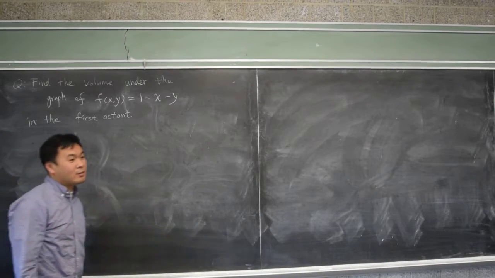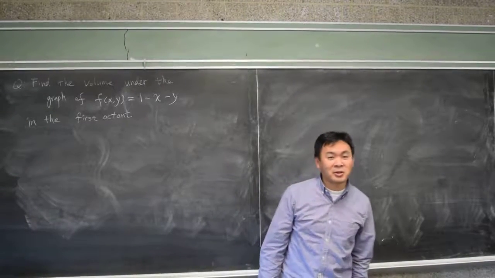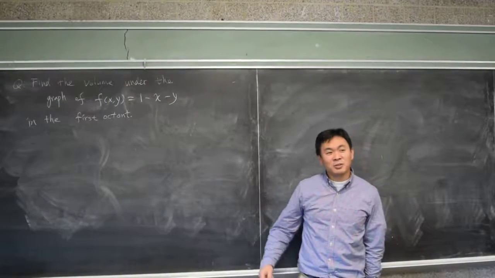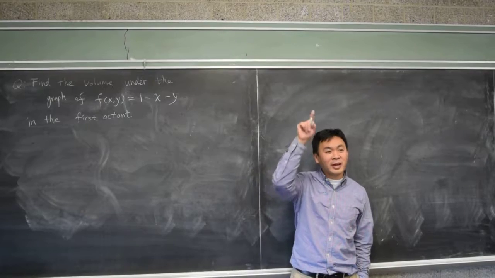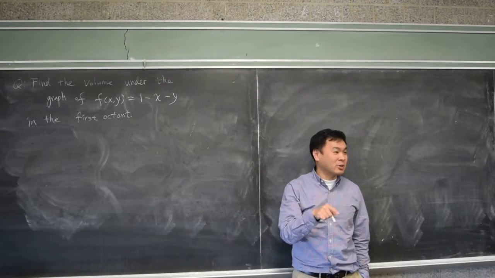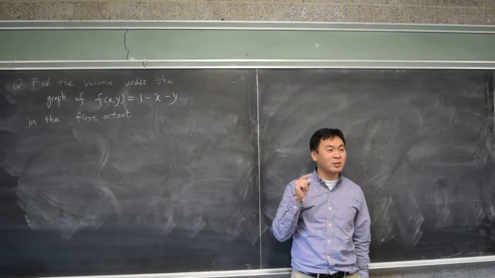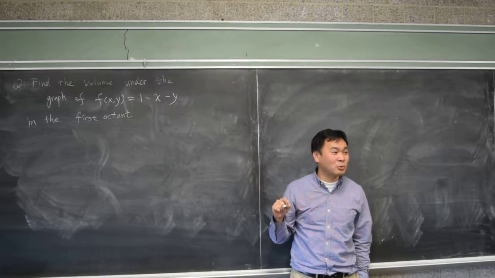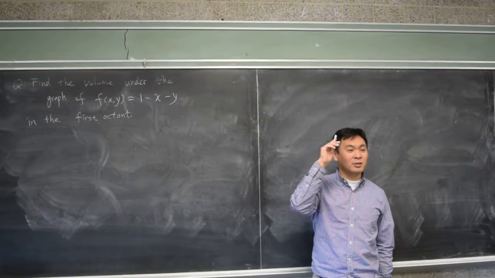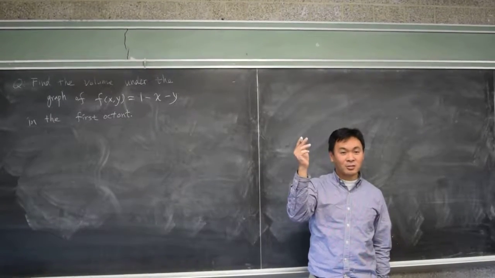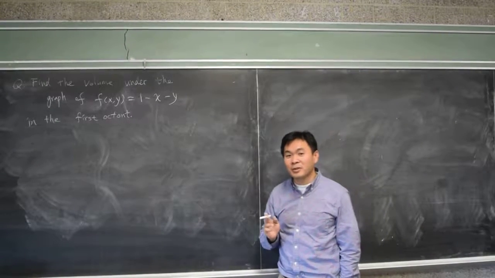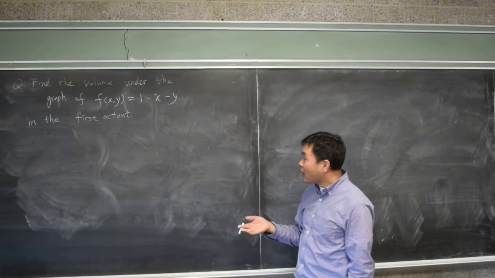You may never have heard of this word called octant, but it's obvious what it means. In the plane, you have the quadrants, because the x and y axes divide the entire plane into 4 parts: first quadrant, second quadrant, third quadrant, and fourth quadrant. In the same way, you have the octant.